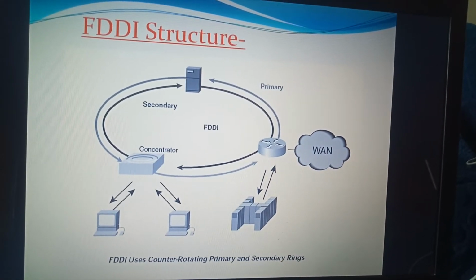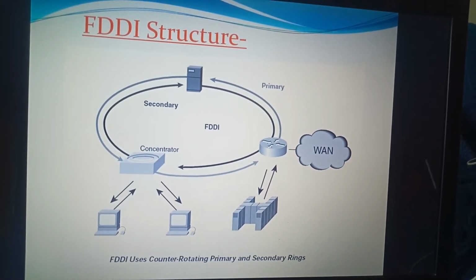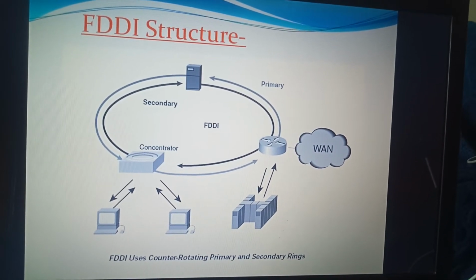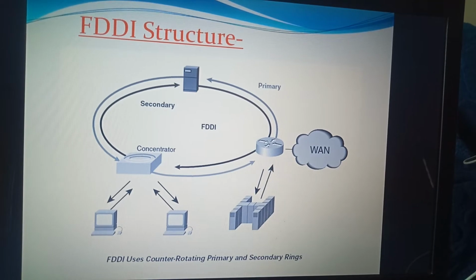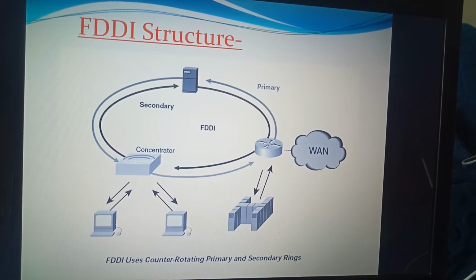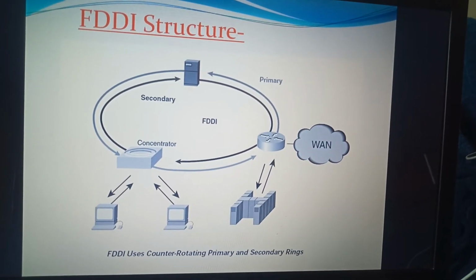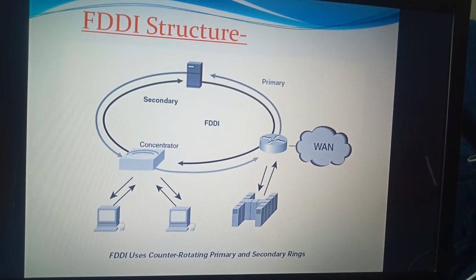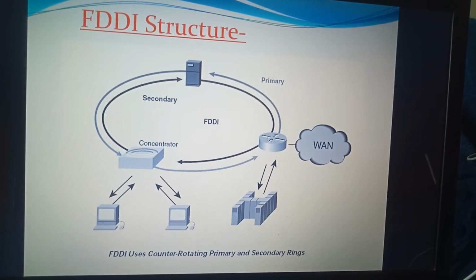In the structure, we can see that there is a primary ring, secondary ring, firewall, WAN wide area network, and nodes, which are connected to the concentrator directly, and system. And this is the structure of FDDI.